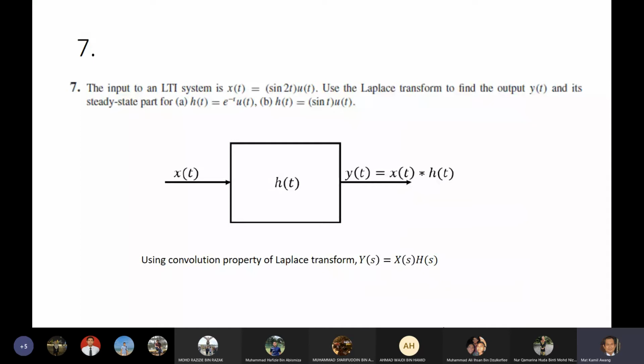In the t domain it is a convolution, in the s domain it is a multiplication. Now, since it is a multiplication of the Laplace transform of x(t) and the Laplace transform of h(t), you need to first transform x(t) and h(t).